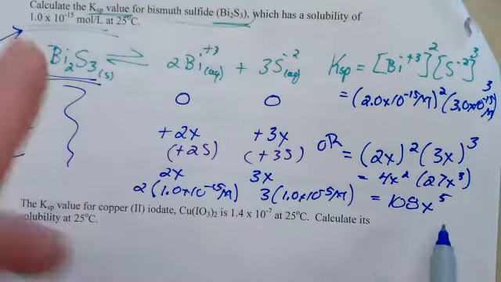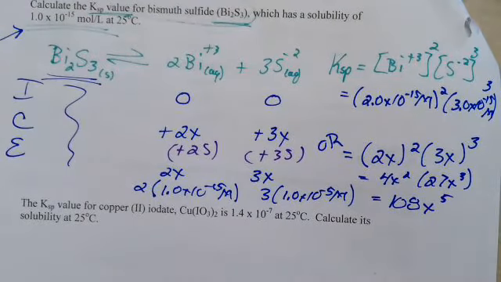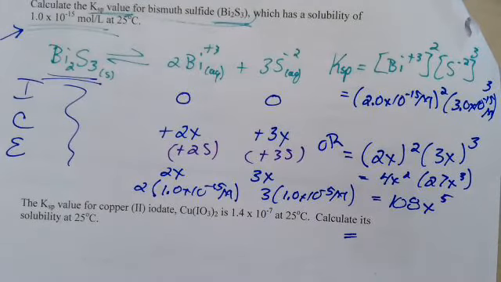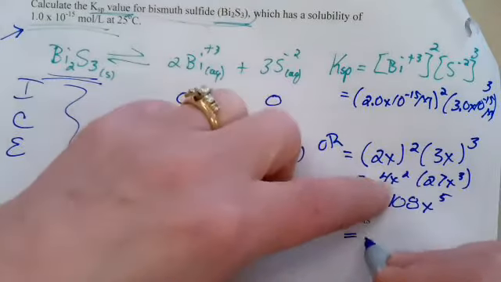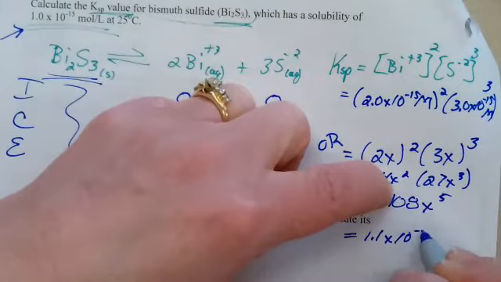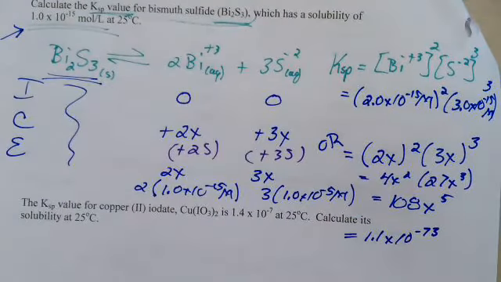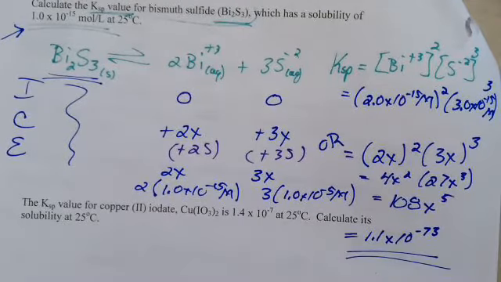And then plug in x. It's totally up to you, as long as we're getting the correct answer, which is 1.1 times 10 to the negative 73rd. There we go. Crazy. And we don't have to worry about units.